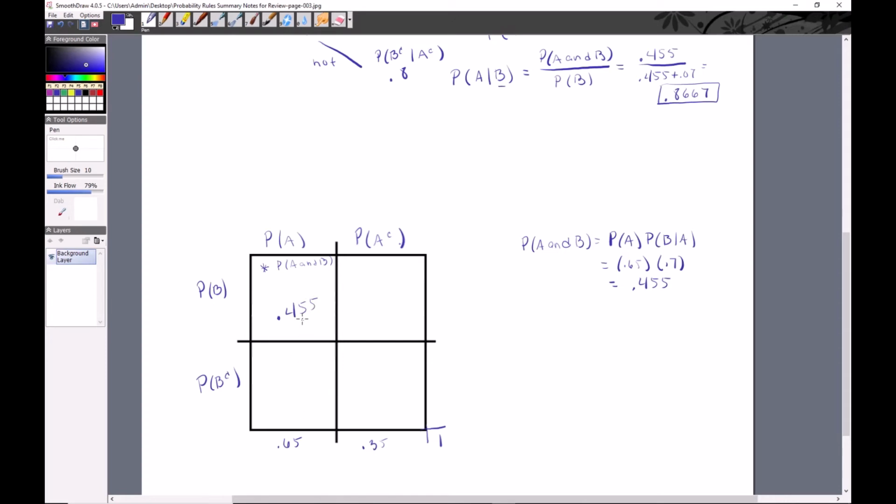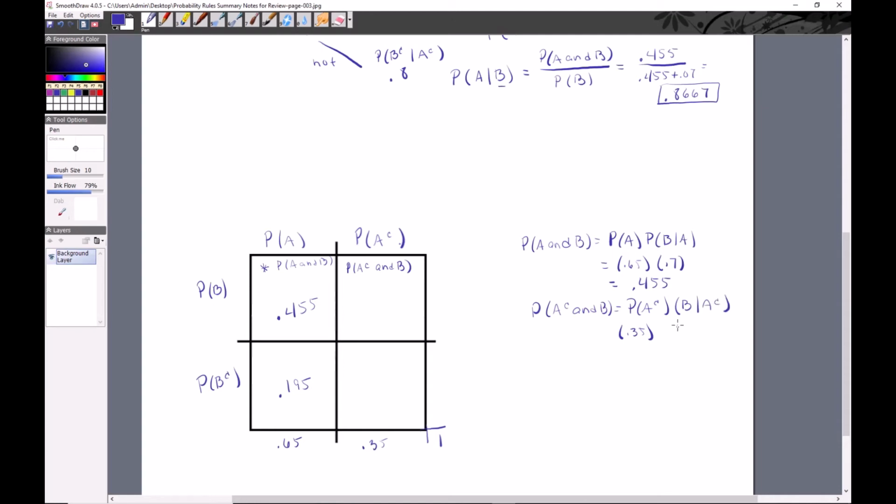All right, if you then subtract that from 0.65, because the two here have to add up to each other, this will be 0.195. All right, so then we can go ahead and fill in, let's say, this one, probability of A complement and B. All right, so the probability of A complement and B, that'll be the probability of A complement, which we happen to know because it's the complement of 0.65, so that's 0.35, times the probability of B given A complement.